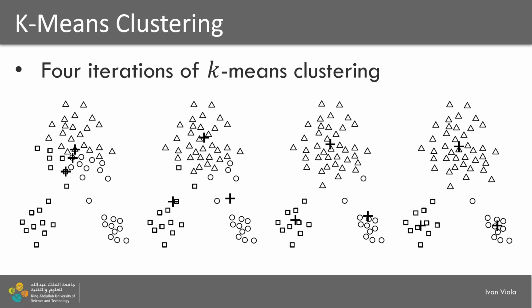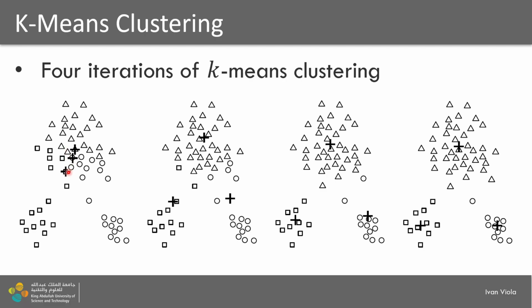We can see 4 iterations of K-means clustering. So we have here some points which are not originally classified by any membership. They are just a spread of points. And into this space of points in 2 dimensions, we have placed 3 prototypes, 3 centroids, at some particular position.